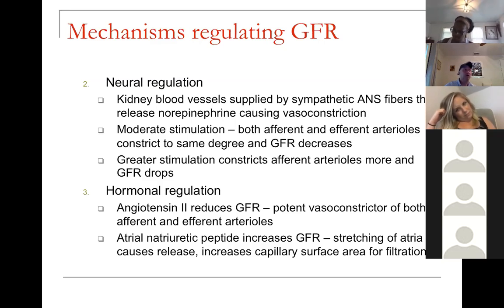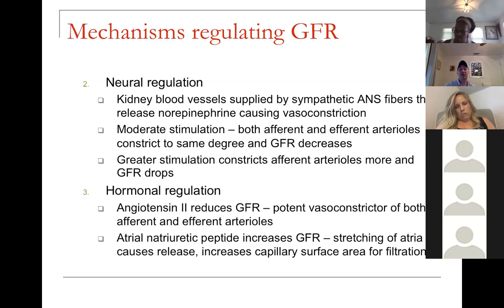Now, we can also regulate the glomerular filtration rate with angiotensin 2 concentration. Remember, angiotensin 2 is a potent vasoconstrictor, okay? And what it will do is it will close both afferent and efferent arterioles. And you can see where we're going with the RAA pathway here, right?